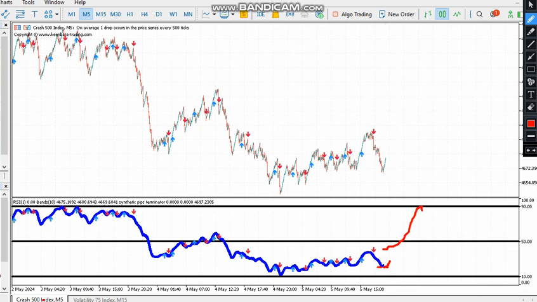So I'm going to wait for it to come here, and I wait for an arrow like this to pop up at the same point, and I'm in for the sell. And of course, when you're taking your sell, your stop loss should be the most recent high.